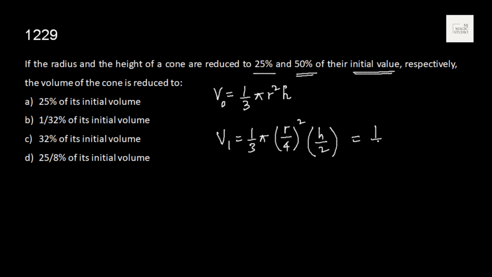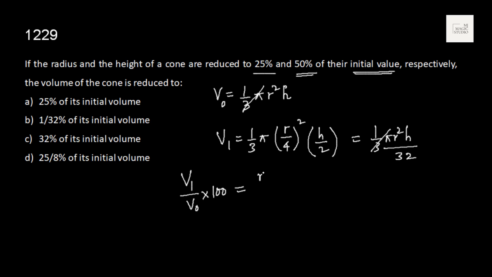So new volume is 1 by 3 pi r square h by 4 square, 16 into 2 is 32. Now the question is, the volume of the cone is reduced to? That means V1 by V0 into 100 is what we are looking for, because all the options are percentage of initial volume. So 1 by 3 pi, 1 by 3 pi will get cancelled out.